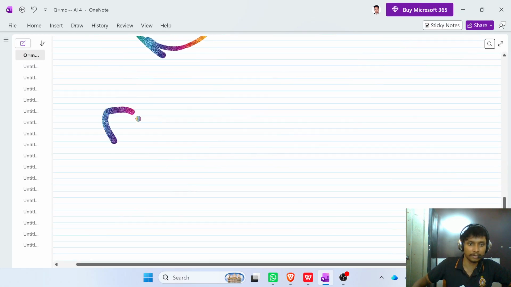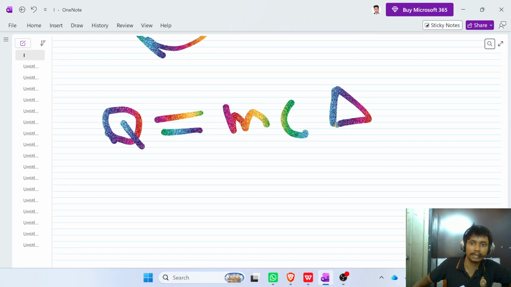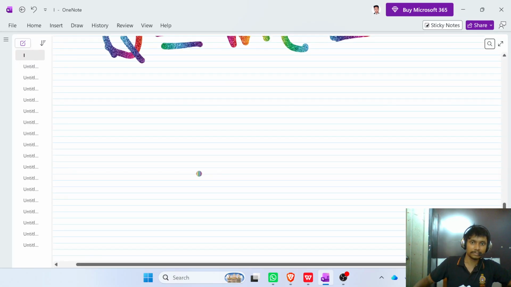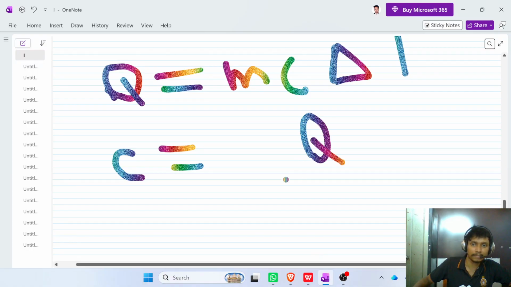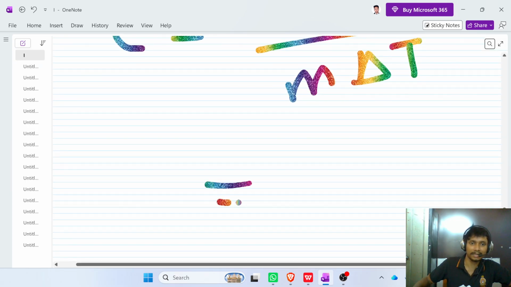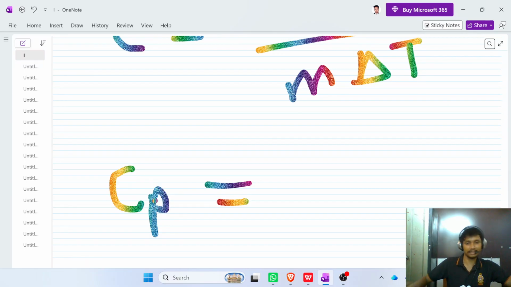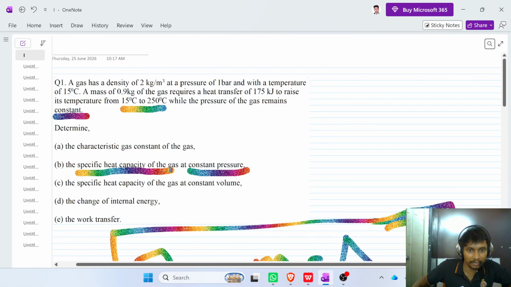Q is equal to mc delta T. Now C is equal to Q divided by m delta T. We substitute Cp instead of C, because C means the specific heat capacity of the gas, and we use p for constant pressure.